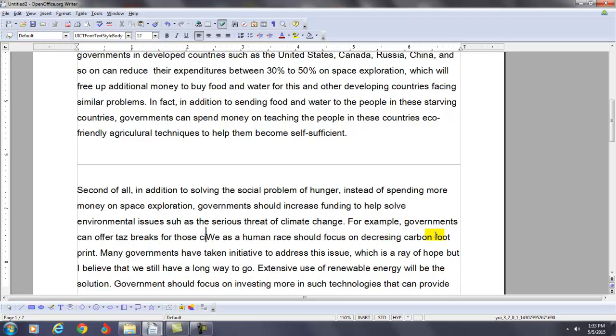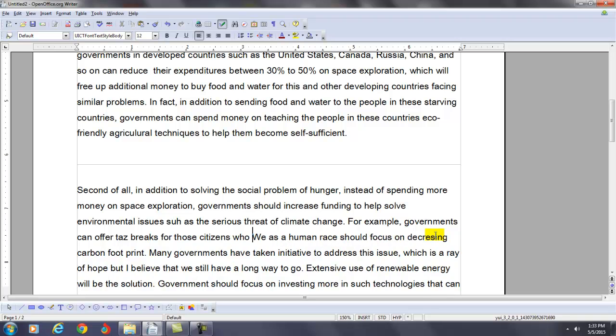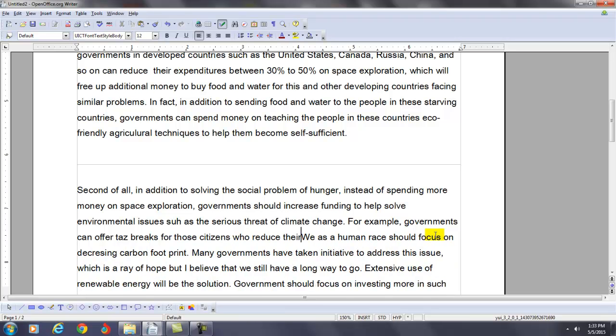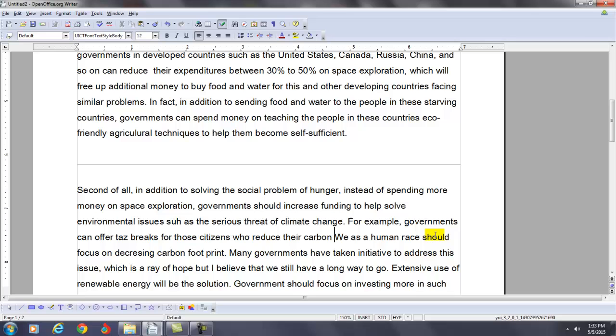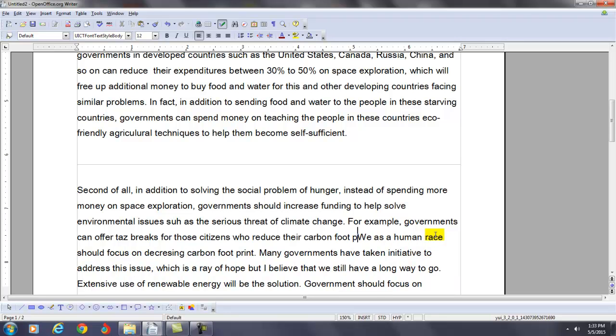How about those citizens who reduce their carbon footprints? So again, you have to get a little more specific than what you're getting.